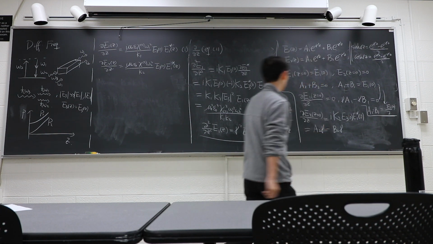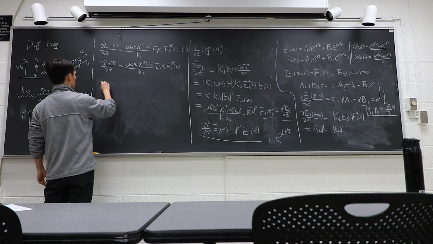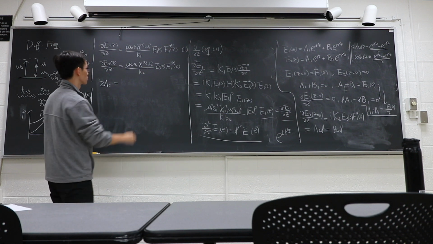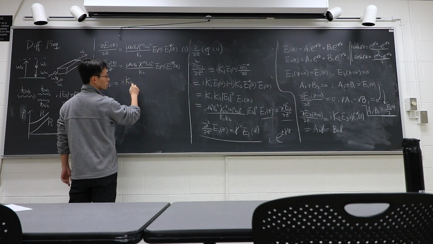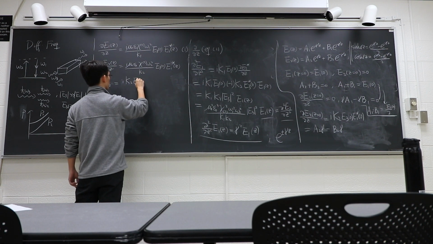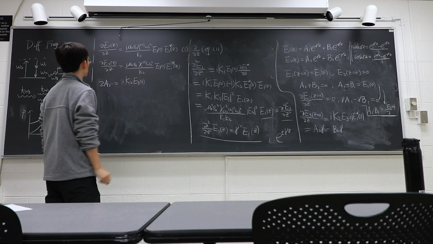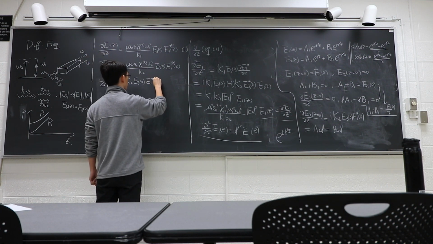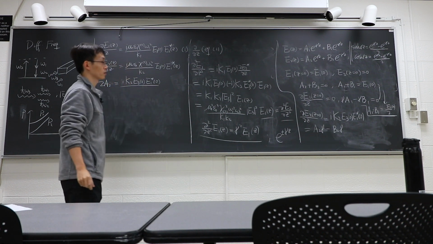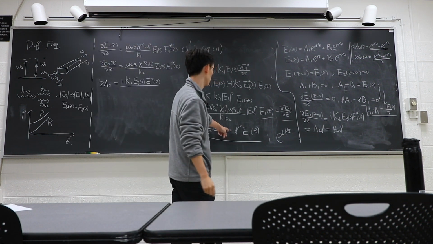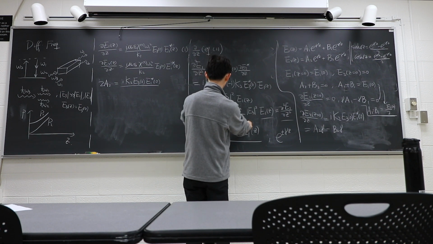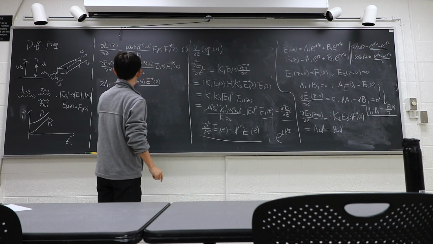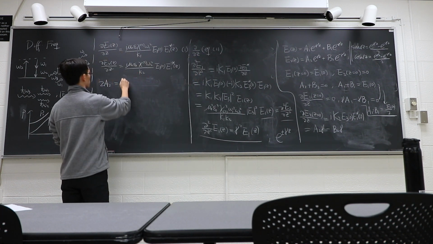So here you have 2 A2 equals to i K2 E3, E1 star divided by gamma, and gamma squared is this. Okay, so probably we can just write it back.